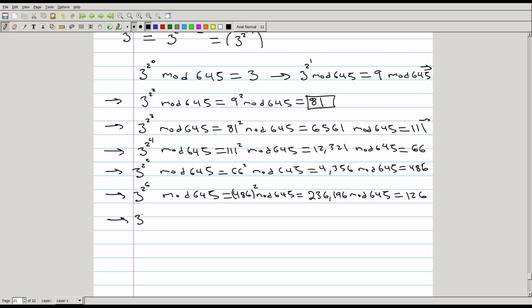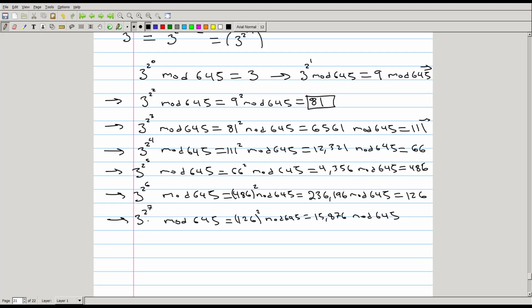And then the next one is 3 to the 2 to the 7 mod 645 is going to be 126 squared mod 645, which is equal to 15,876 mod 645.